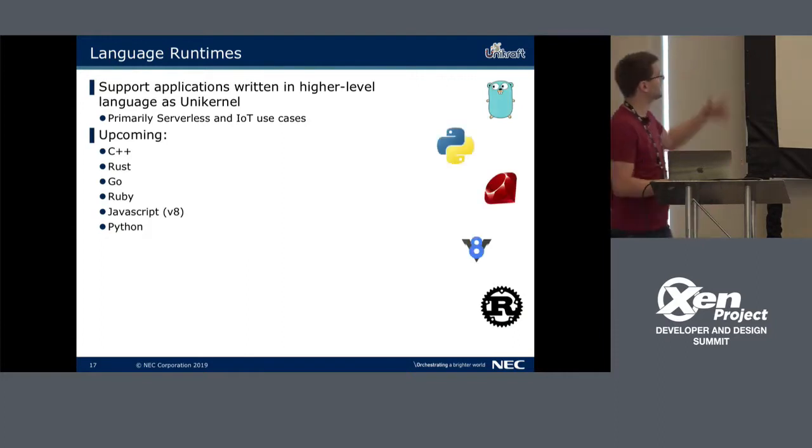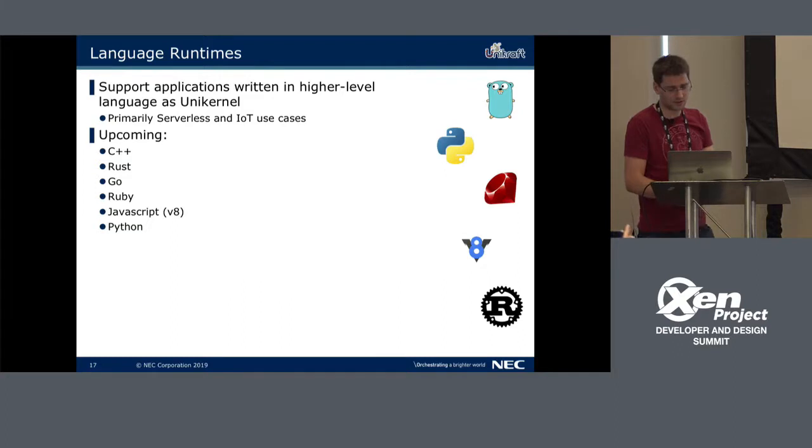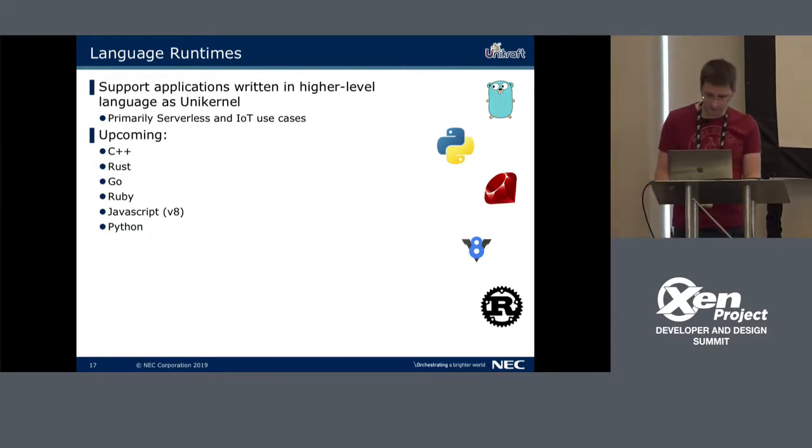And we're working, as you saw already in the announcement on the slide before, on C++. Rust is one target we're currently looking at. Go is another one. Ruby, JavaScript, and of course Python.